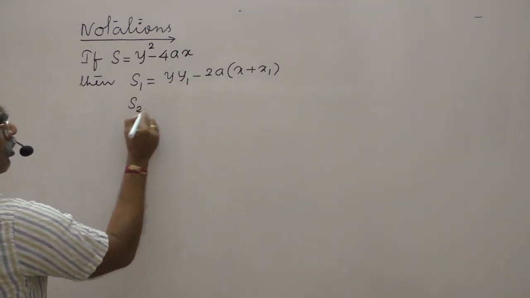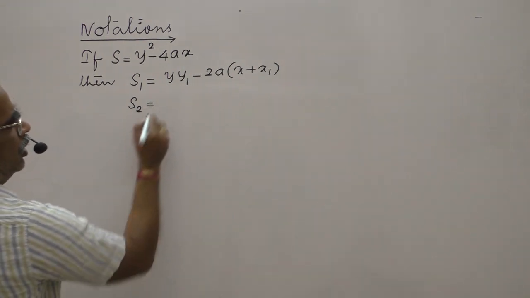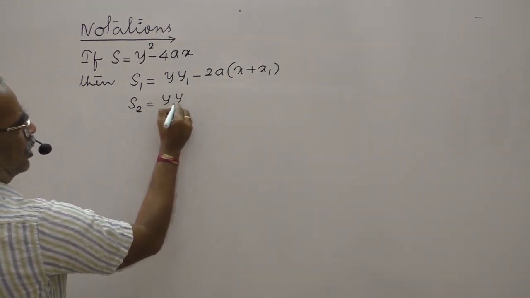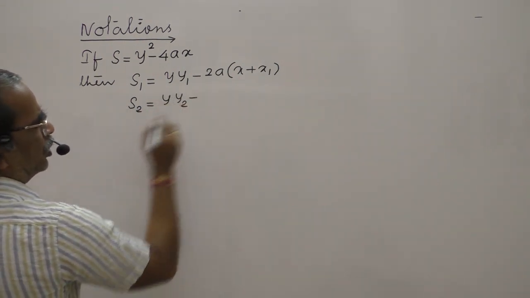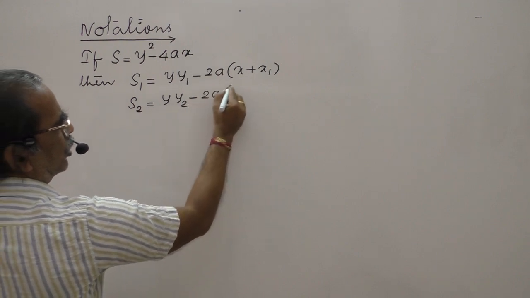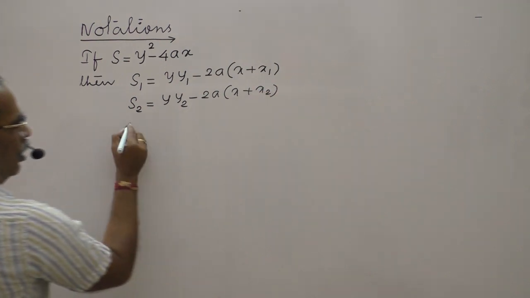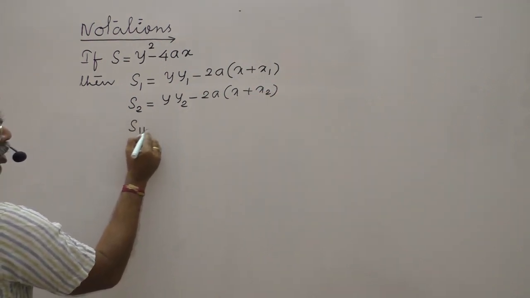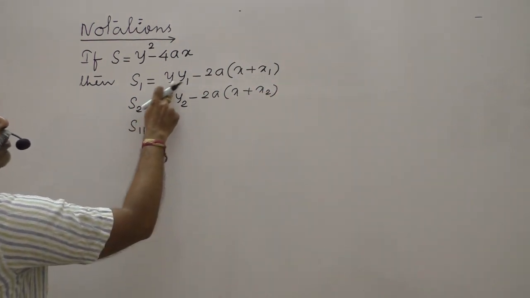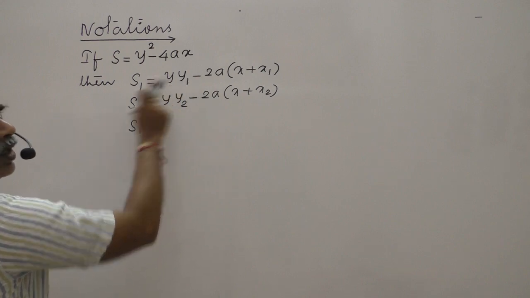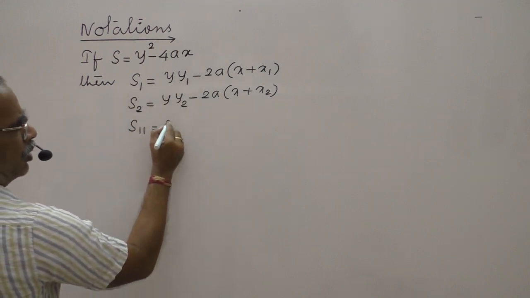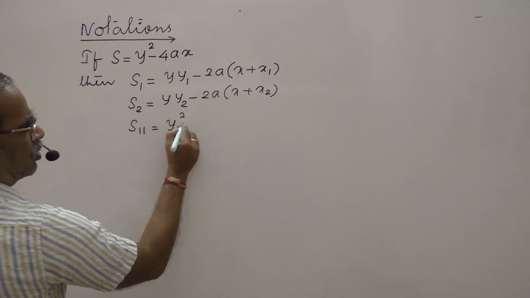Similarly, you can write many notations. S2: what is S2? y2, index is 2 here, minus 2a into x plus x2. S11: there are 2 indexes, that means for both you will get 1, 1. So y1 is nothing but y1 square.